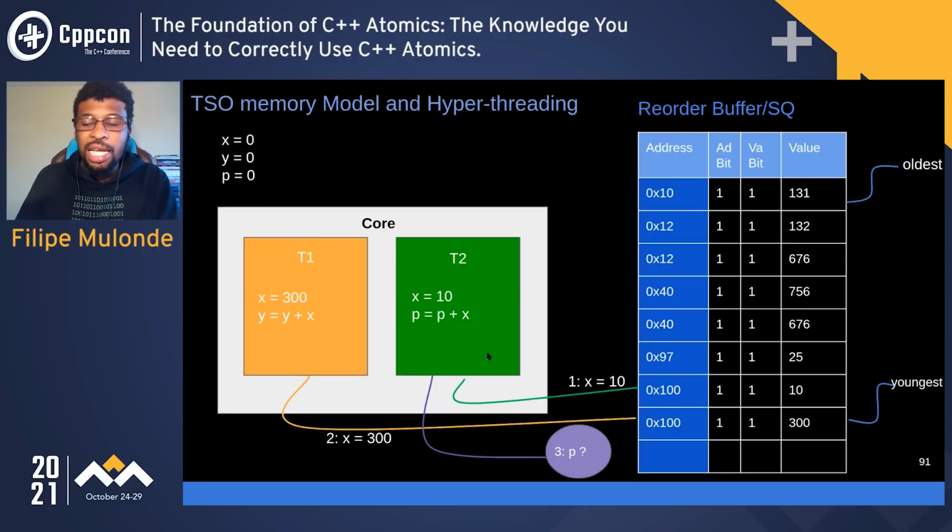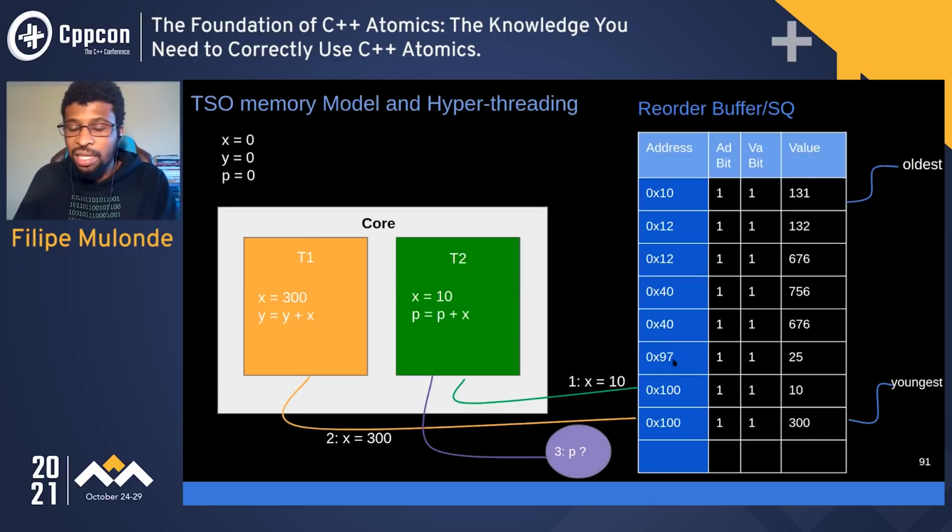After that, the second thread needs to load the value of x to compute p plus x. And the question is, which entry of x in the reorder buffer? Because here we are using one core with two threads, and we only have one reorder buffer. From which entry in the reorder buffer does the second thread need to get the value of x?